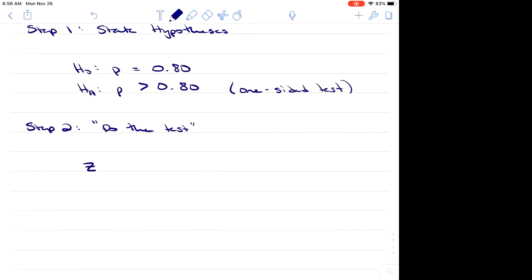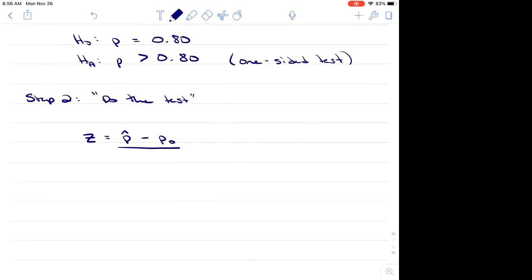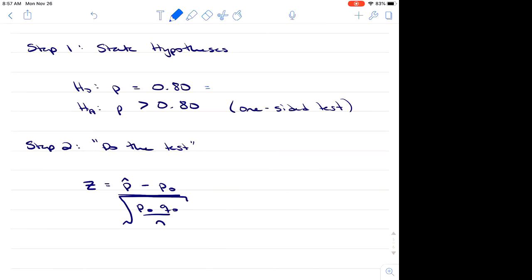So for proportions, for one sample proportions, we've got Z is P hat minus P naught over the square root of P naught Q naught over N. Just make a little note here, right? That 0.80 is your P naught.